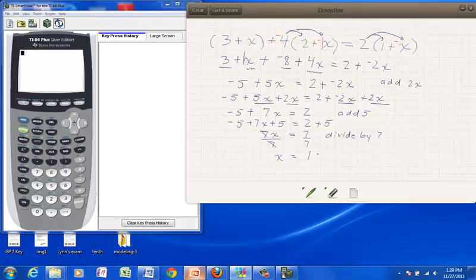Now I want to see if that actually works. So I'm going to go back to the original expression. I think I'll write it over again down here. And substitute 1 in for x. Now originally that was minus 4 parentheses 2 minus x, x is 1. And we want to see if that's the same as so we'll try that over here.